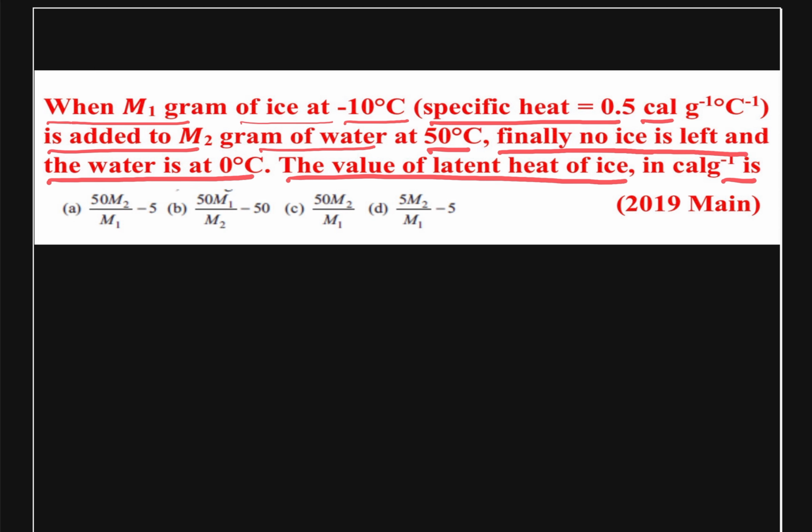And obviously, as the water temperature is going to fall, it is going to provide the heat which will be used in the melting of the ice, or simply we can say the heat lost by the water will be equal to heat gained by the ice.